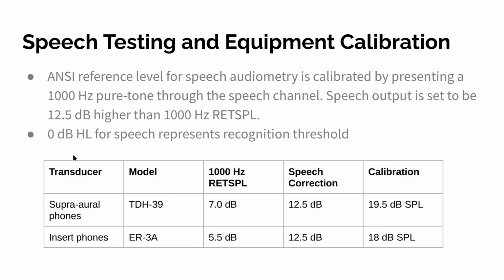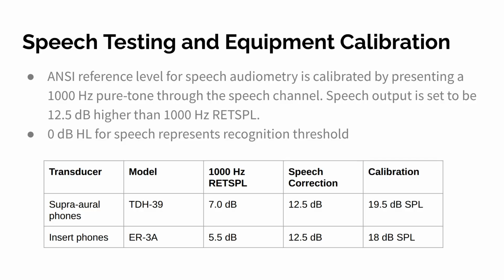So the RETSPL conversion factor is going to be specific to the individual transducer. We have two transducers listed in this table here. We have the TDH39, which is a supra-aural headphone, and we have the insert earphone, the ER3A, and you can see that they have different 1000 hertz RETSPLs, but they have the same speech correction factor.